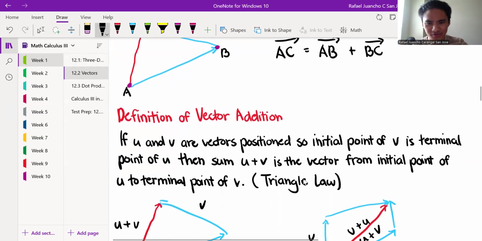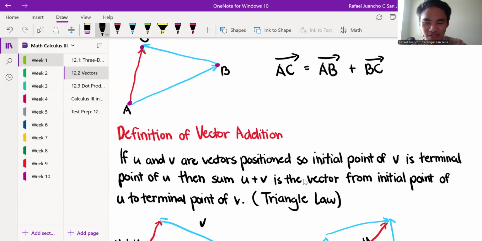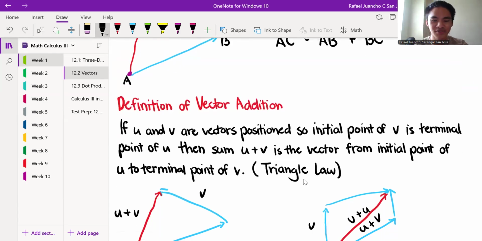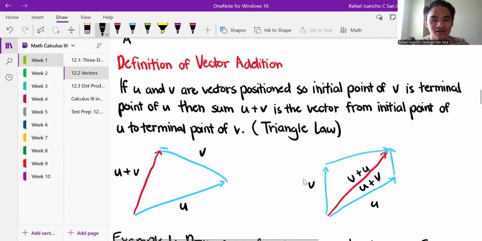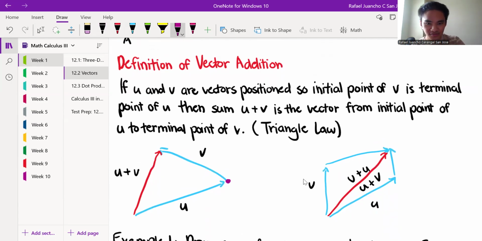And this is what we call vector addition because we added two vectors and we got a vector out of it. And here it says if u and v are vectors positioned so the initial point of v is the terminal point of u. So we're saying here the initial point of v, the tail, is the terminal point of u. So the tail of v is the tip of u.